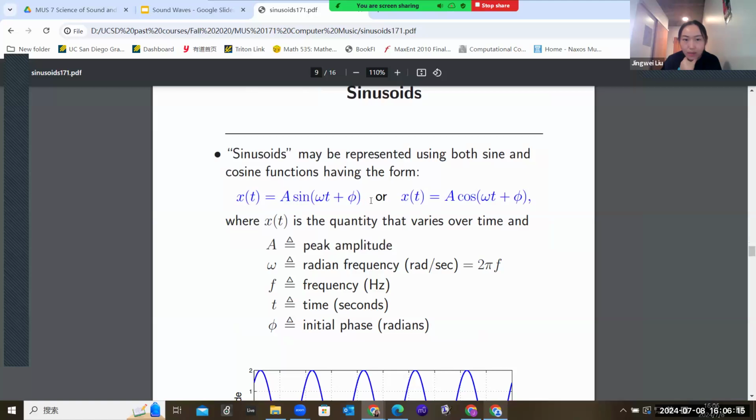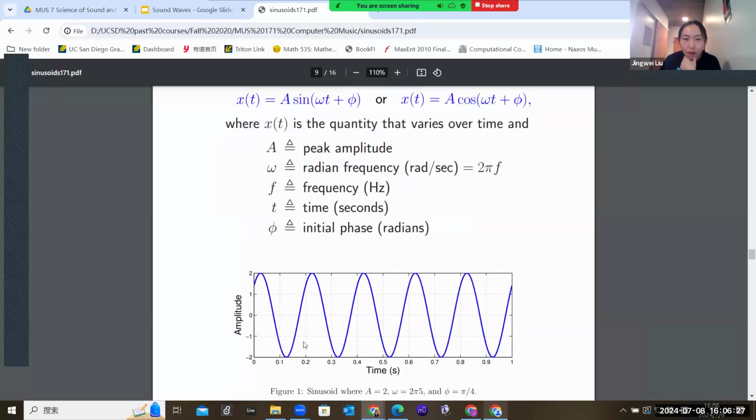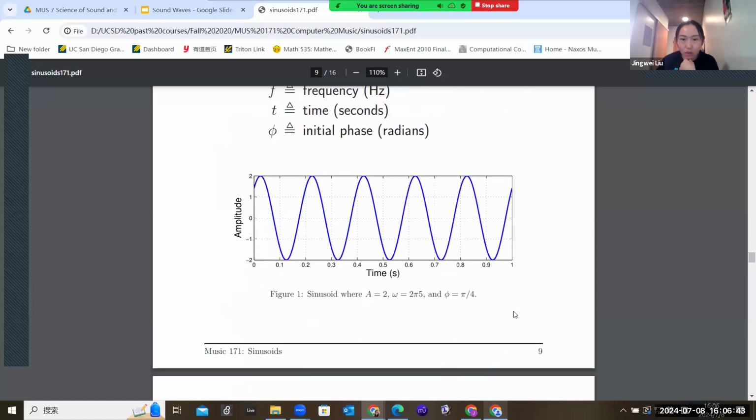This is the basic expression of sinusoids, of a sine function, and this is the cosine function. We will see this waveform many times in this lecture, and if you take any course related to audio signals, this is the form you will see most of the time: the sinusoidal model.